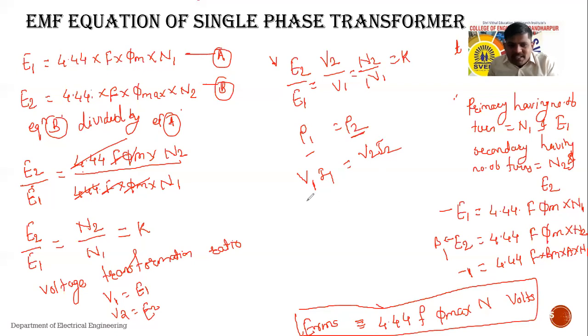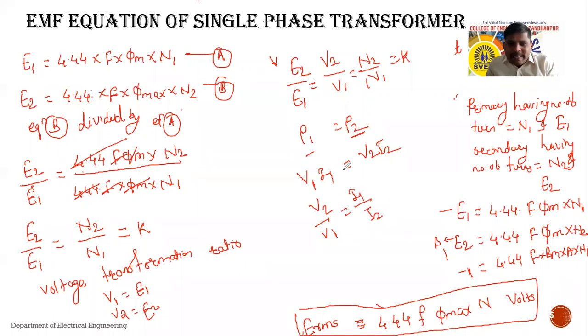I am shifting V1 to the right hand side and I2 to the left hand side. So the equation becomes V2 divided by V1 equals I1 divided by I2.